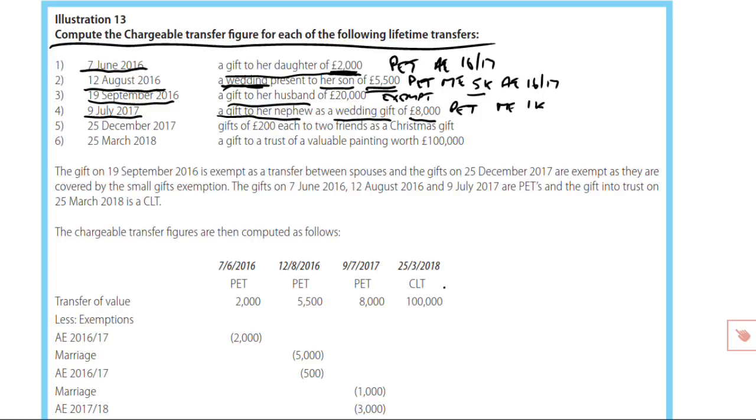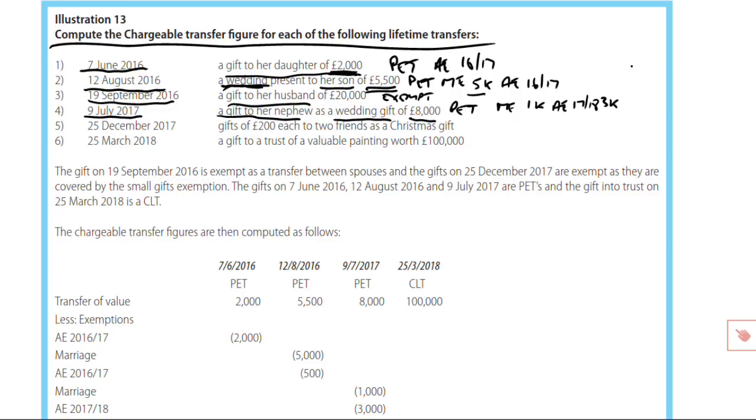So after using up the specific marriage exemption, like we did earlier on the wedding present to her son, we then move to look at any annual exemption. Right, we're now in the 17-18 tax year. It's the first gift in the 17-18 tax year, so we'll use the annual exemption for 17-18. That is 3,000. So we use up all of the current year's annual exemption.